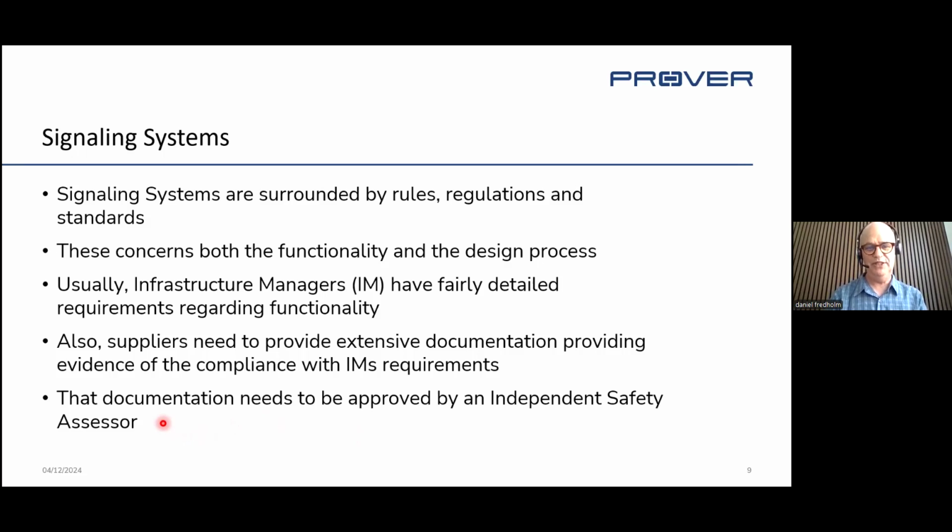And that documentation, in order for the infrastructure manager to actually accept whatever system has been delivered, will also be approved by an independent safety assessor, meaning that there's a third party involved here as well, that is supposed to go through all this documentation and check it and see that it actually makes sense and that it actually does what it is supposed to do.